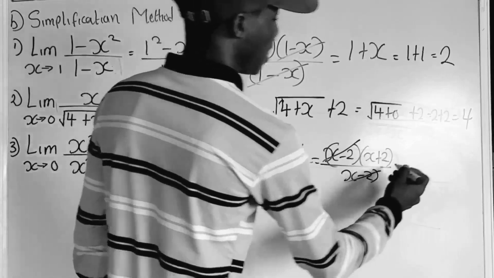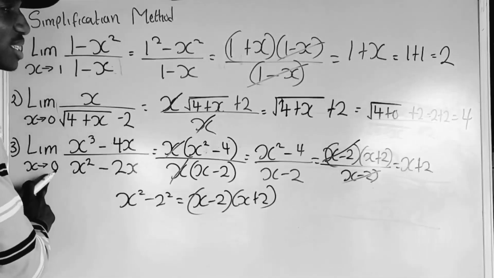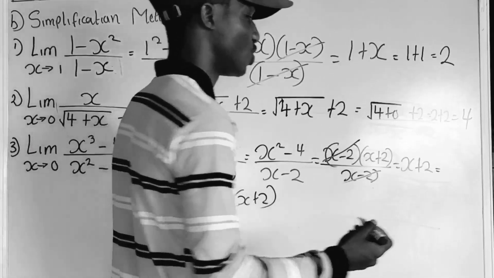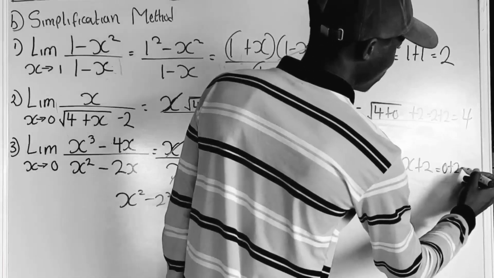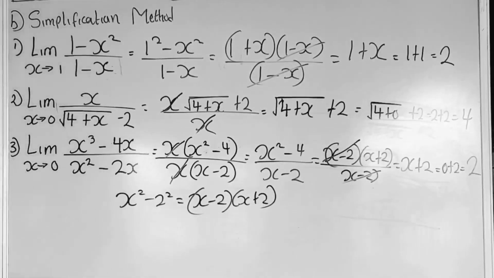So we are left with x plus 2. Now, when x is 0, I'm going to have 0 plus 2. 0 plus 2 is 2. So the limit of the function x to the power of 3 minus 4x all over x squared minus 2x, as x tends to 0, is 2.